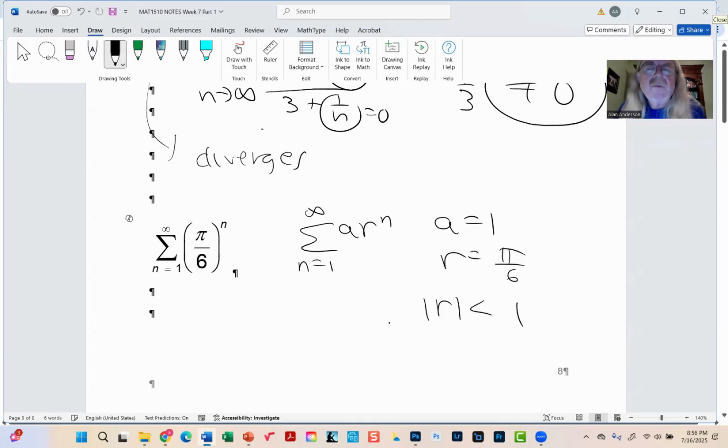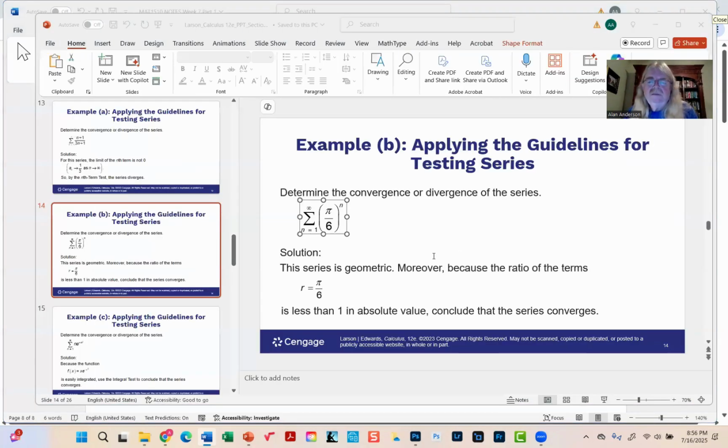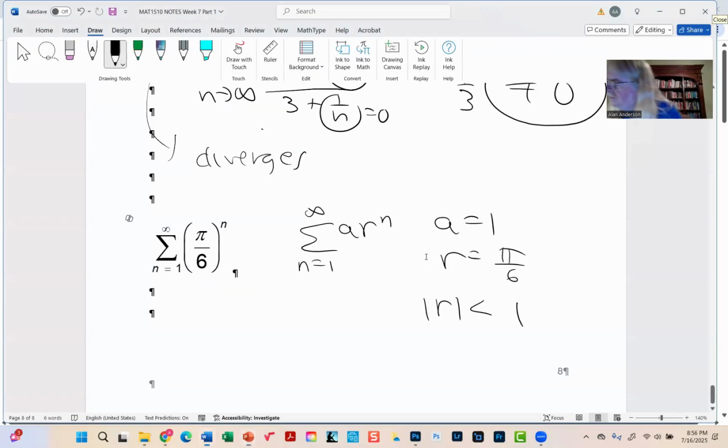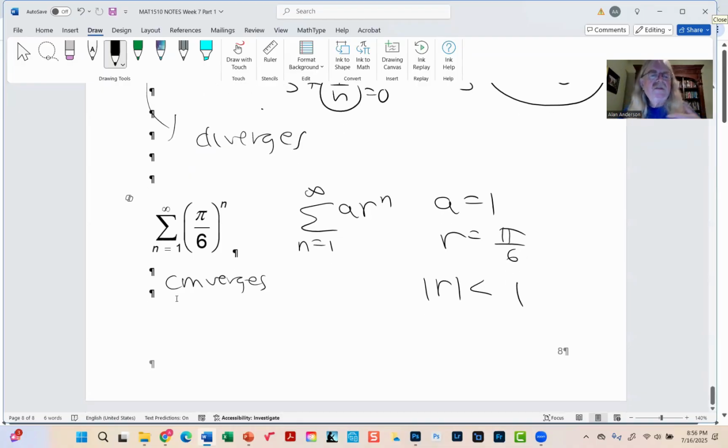So that means that we can figure out the sum and it therefore converges. They didn't ask us to figure out the sum, but it does converge. All right, what else do we have?